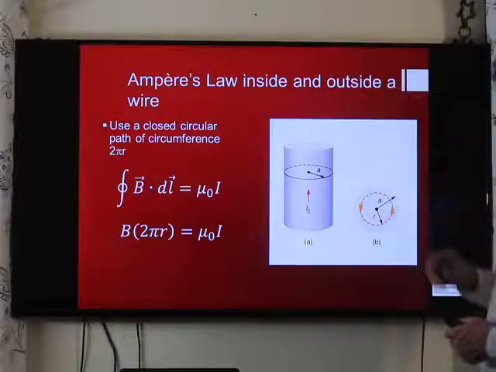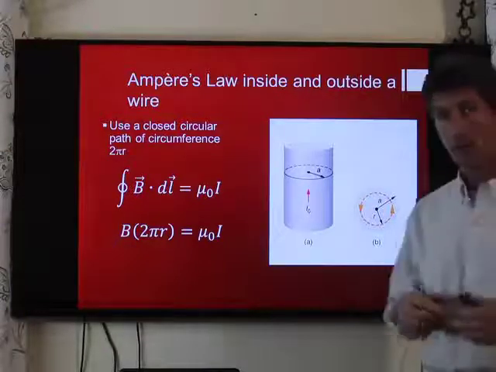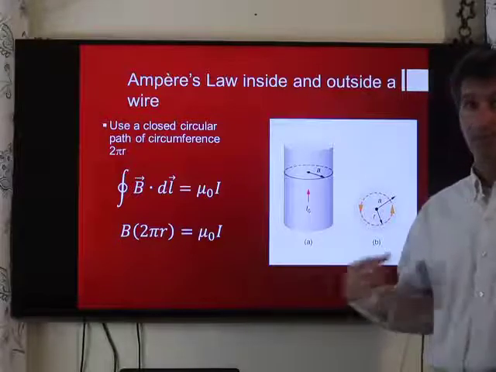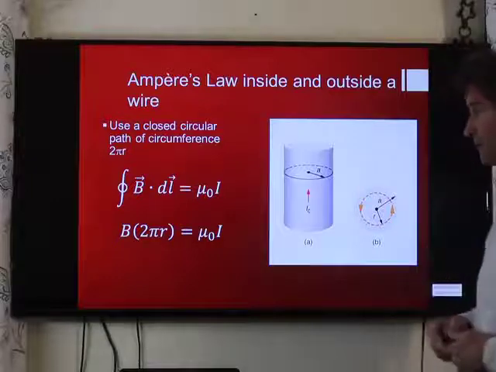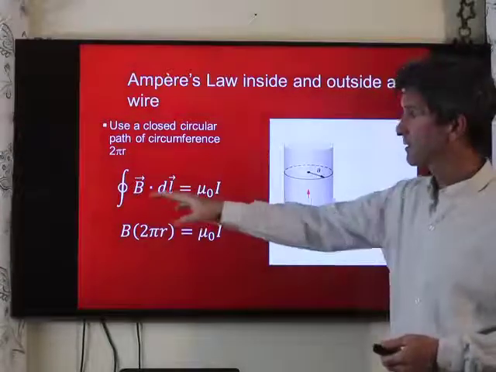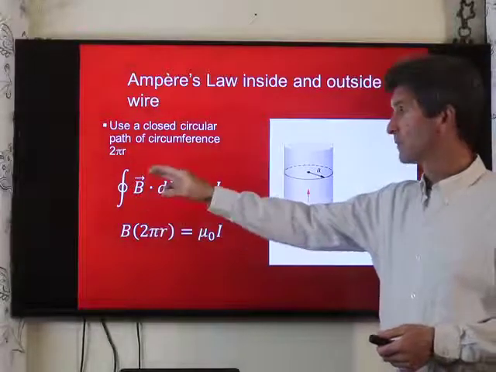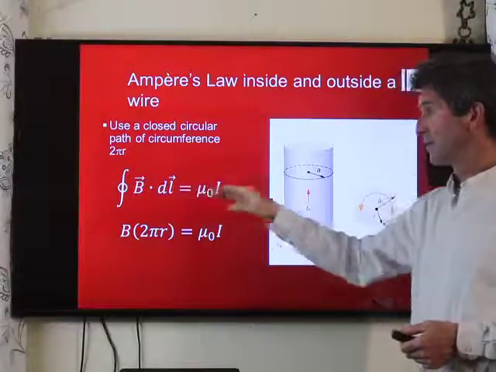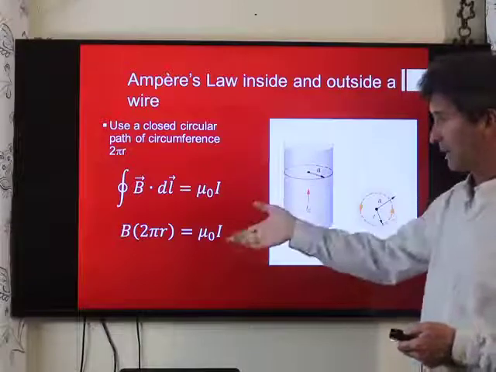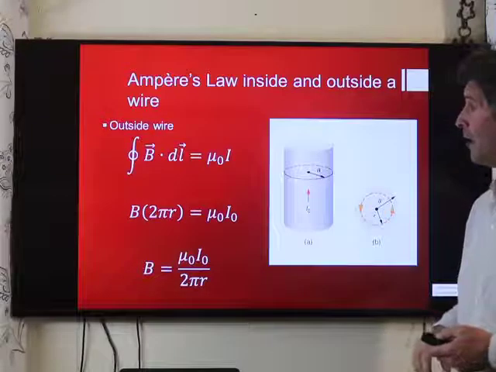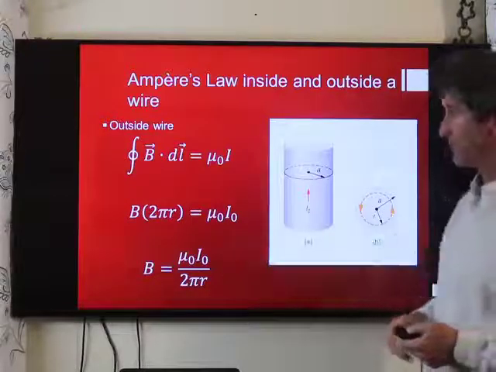Here's an interesting case. Let's do Ampere's law for a wire, but we're going to go inside the wire this time instead of looking at the magnetic field further away from the wire. Again, we have this integral. We're integrating B dot dl equals mu0 times I. For the outside of the wire, we already did that, so we got that result. That was a previous result.